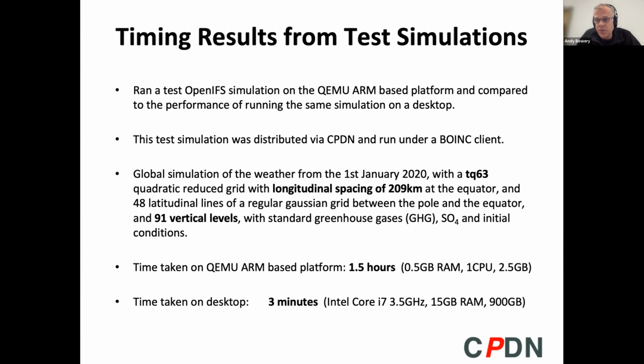This is called TQ63, which has longitudinal spacing of 209 kilometers, which is quite a coarse grid with 91 vertical levels. This reduces the amount of computation required, the amount of RAM required, and the amount of data produced. So this was reasonably what we'd expect to be able to run on such an environment.